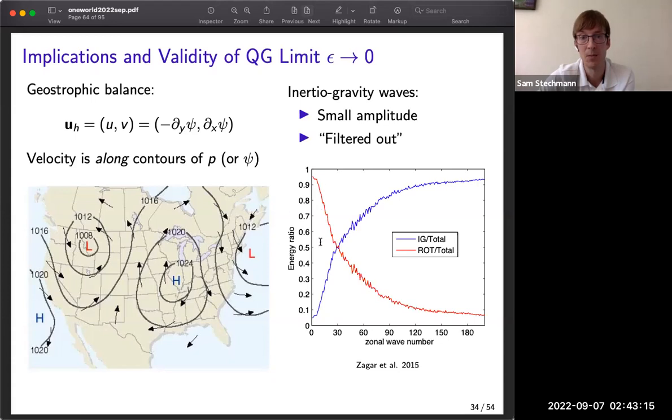This is a plot of energy or variance in different modes as a function of wave number. The red is the rotational or vortical mode, and you see that most of the energy is in that mode, whereas the inertia gravity waves have little variance or energy on these largest scales. So this is another way to think about quasi-geostrophic equations: these inertia gravity waves are smaller amplitude or filtered out on these large scales.